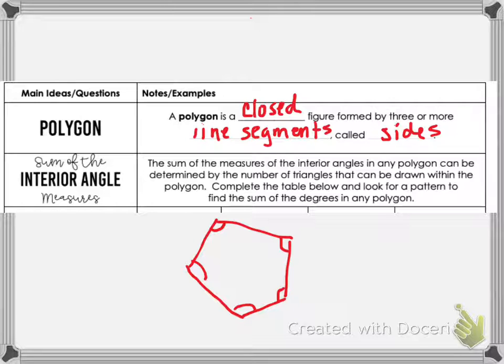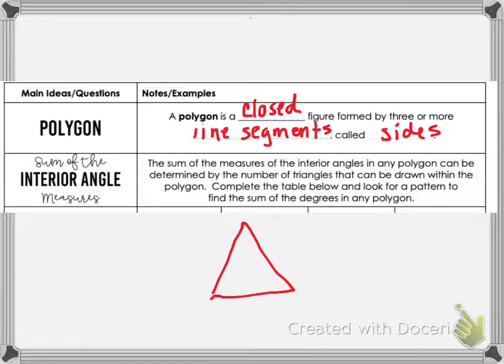If they ever say the term regular polygon in any of these exercises, that means the polygon has all the same side lengths. So before I go to the next slide, you need to remember what's the angle measure of a triangle? If you remember, the angles of a triangle add up to 180 degrees.